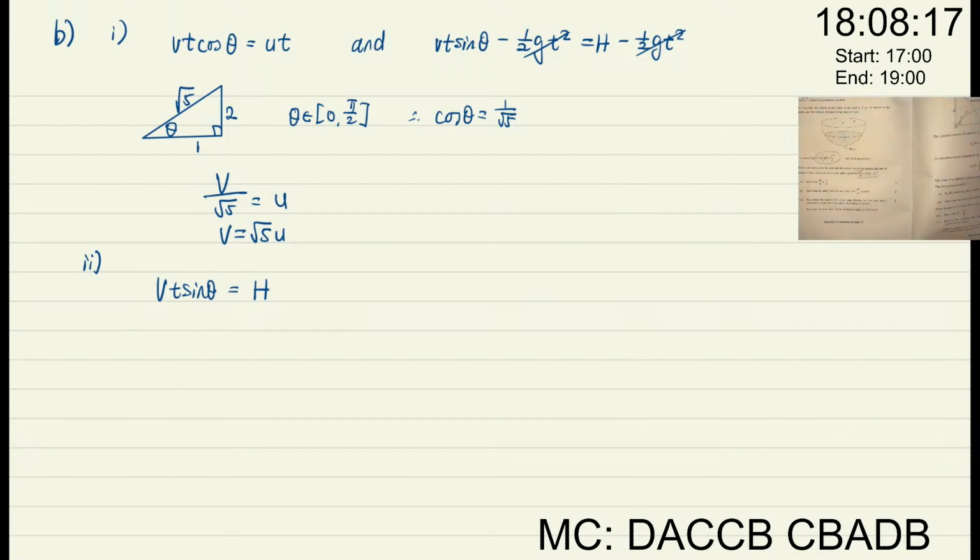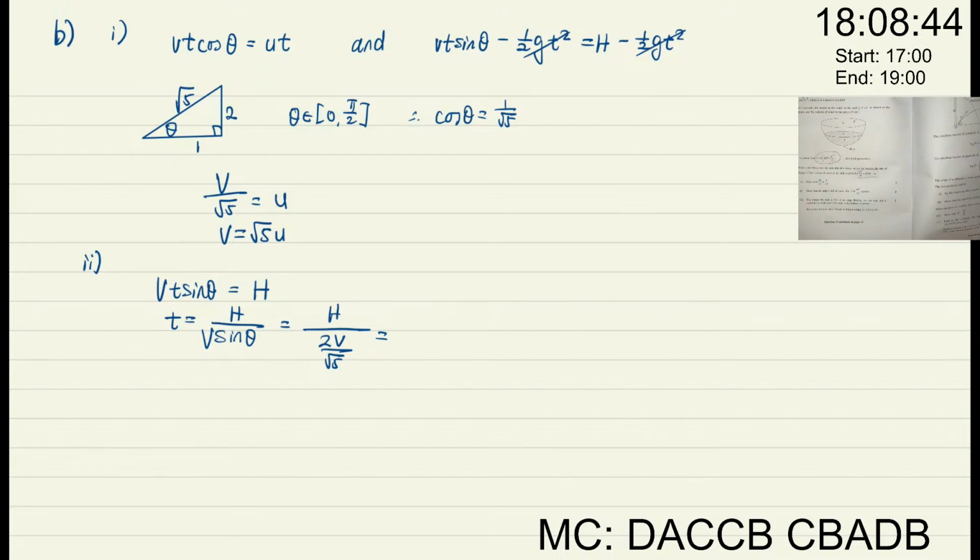What have I done? Not quite done. Why don't we just make, surely, is that all they want us to do? V sine theta. Okay, sine theta would be 2 on root 5. And that, have I missed how to do this?